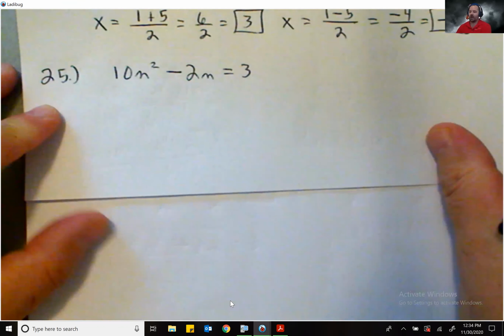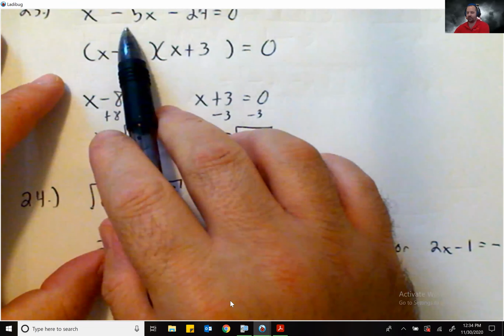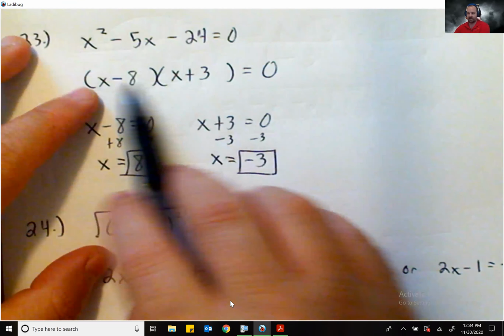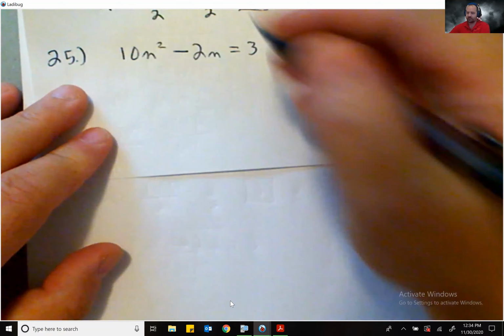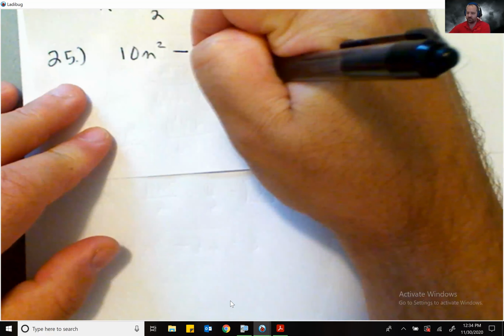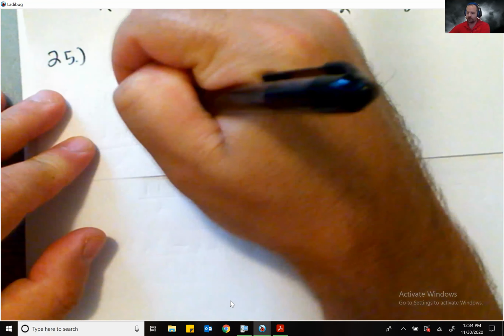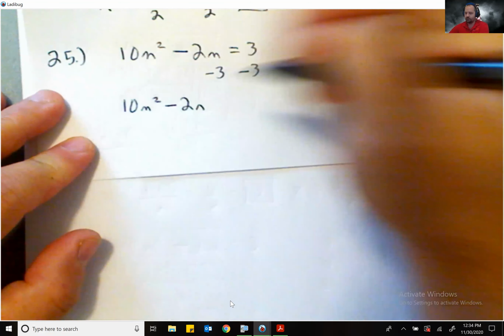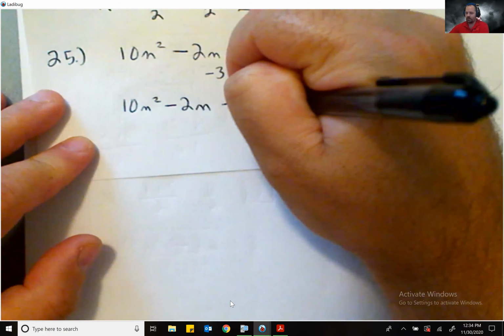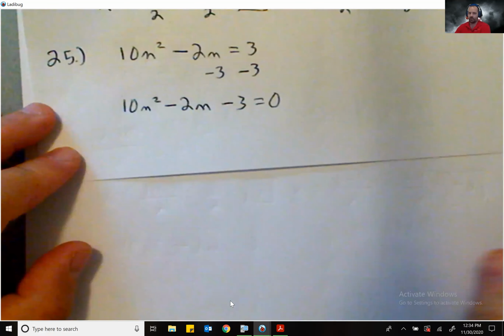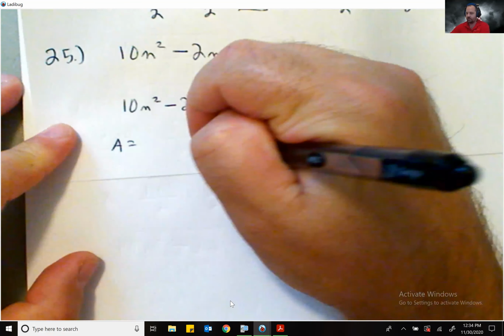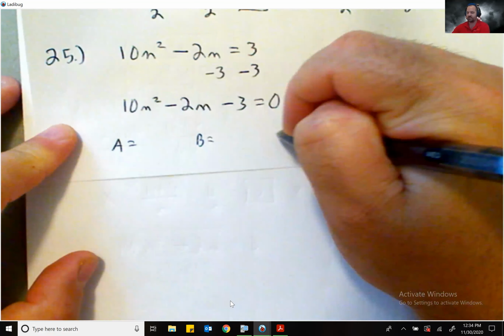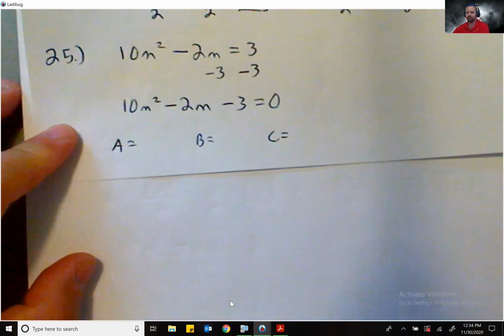Yeah. I didn't say this before, but on number 23, before you can do any factoring, you must be set equal to 0. That's good. And the same thing has to happen with the quadratic formula. You must be equal to 0. So we have to subtract 3 from both sides, which gives us 10m squared minus 2m minus 3 equal to 0. And now we can start doing the quadratic formula because we now know the a, the b, and the c. What is our a?